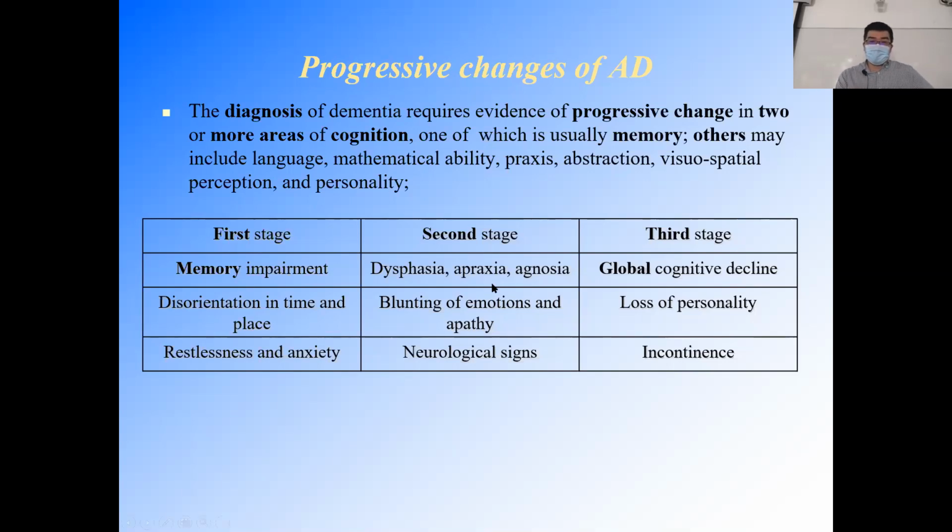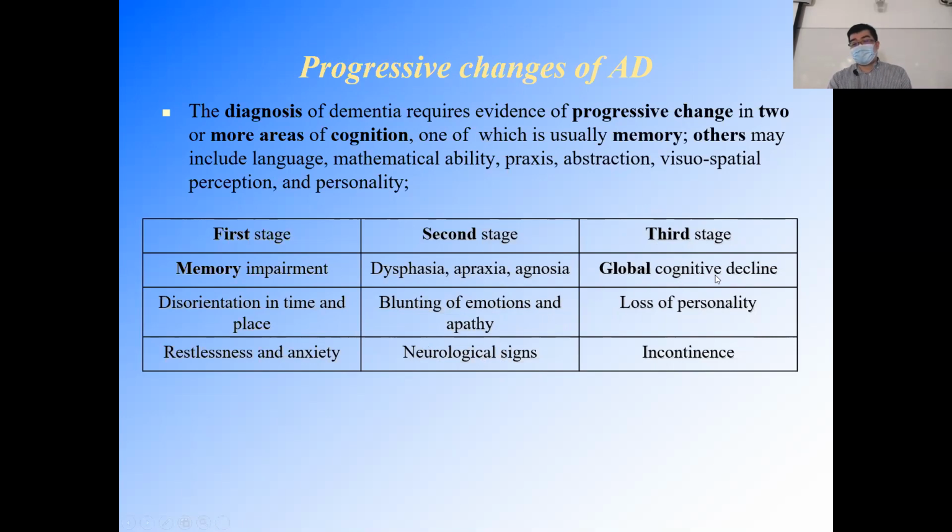The second stage is more serious, with blunting of the emotions and apathy, and also neurological signs as well. Some have more impairment and cannot move properly, or sometimes they will be depressed.